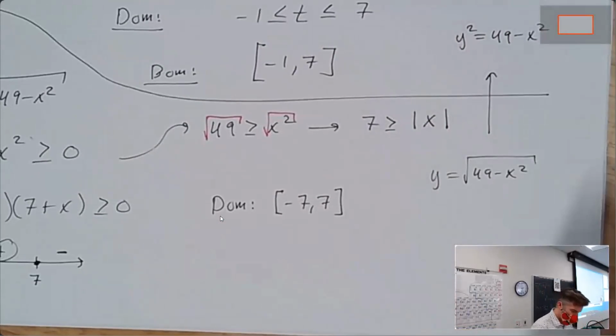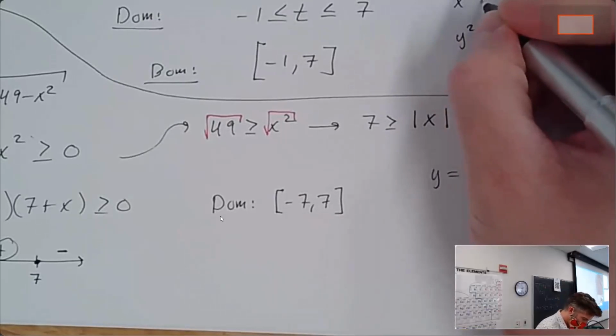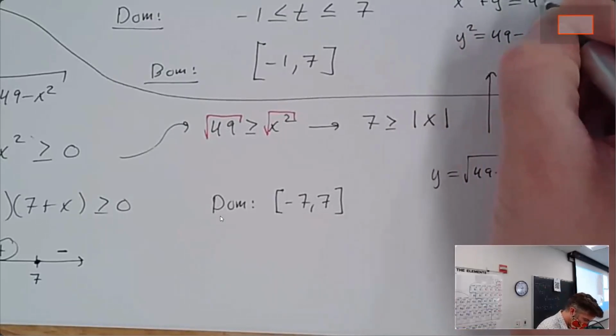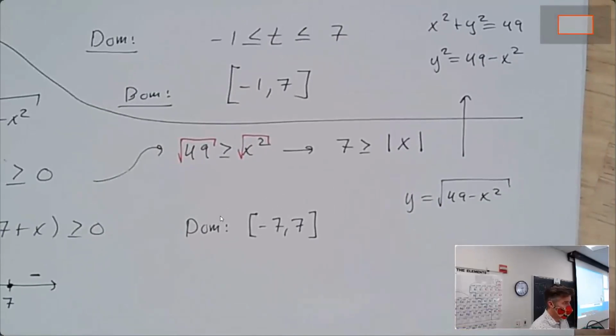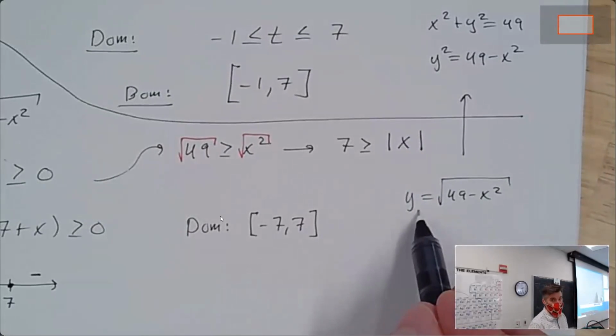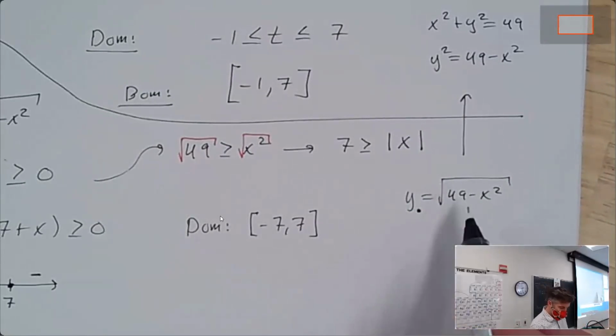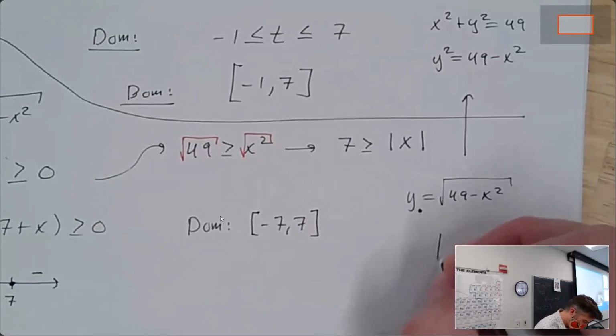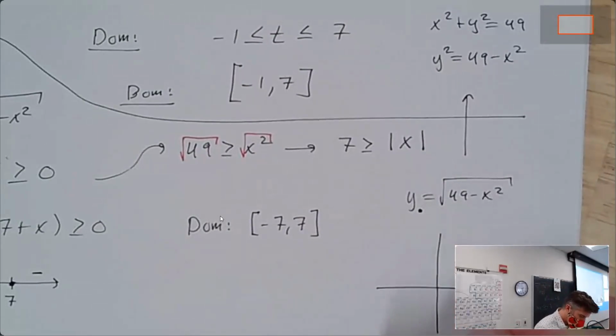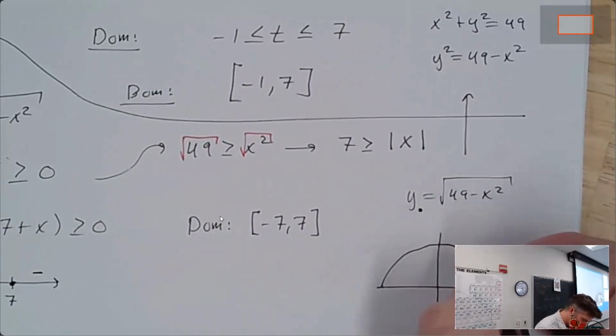And then if you add x squared to both sides, you get x squared plus y squared equals 49. So this equation is the equation of a semicircle, because y can only have positive values in this particular expression. So this is the semicircle centered at the origin of radius 7.